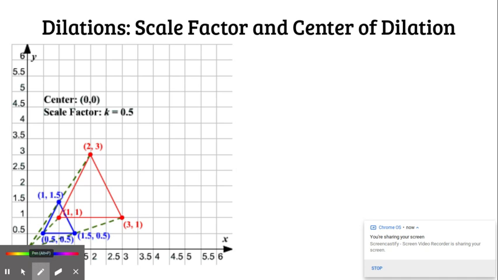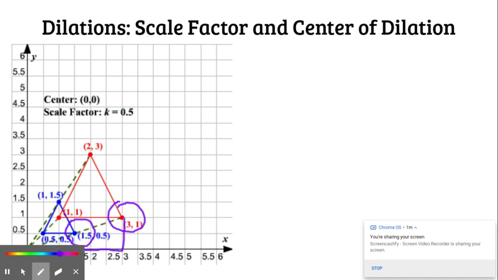So if we choose to focus on this point right here, 3, 1, its corresponding point on the image is the bottom right-hand corner, the one at 1.5, 0.5. You not only have to change the size of the original figure, you're changing the distance. So to get from the center of dilation to the original pre-image, it's 3, 1. We'd have to go right 3, up 1.